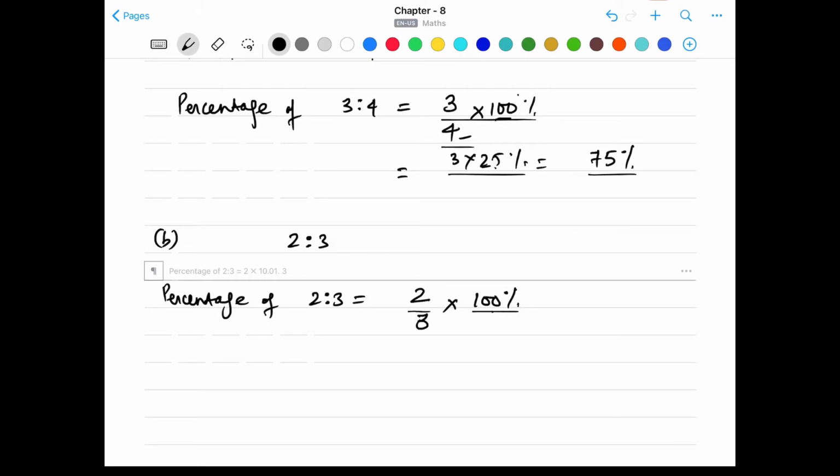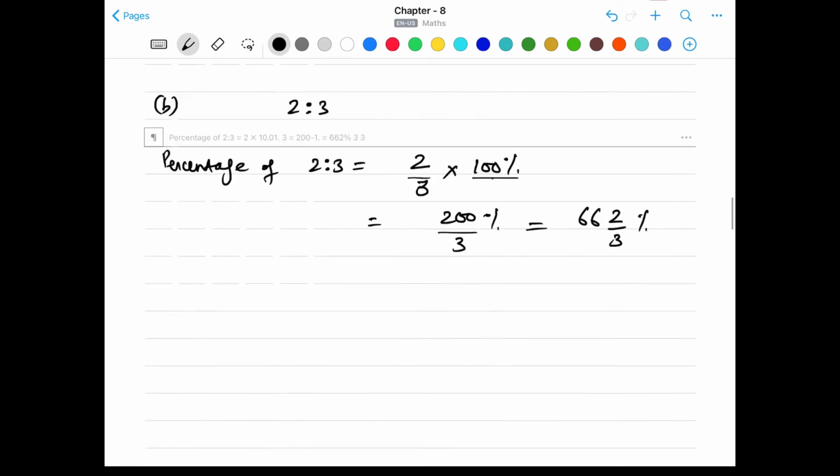Okay, so here let's multiply 100 by 2 first. So we'll get 200 by 3%. Okay, when you divide 200 by 3, you will get 66 and 2 by 3%. Okay, so 2 is to 3 is equal to 66 and 2 by 3%. So that's the answer of part B of question number 2.